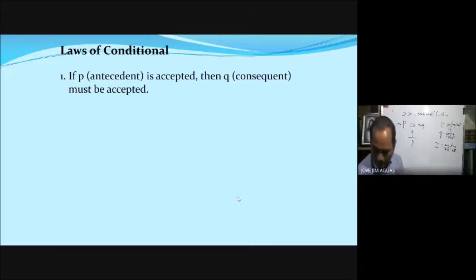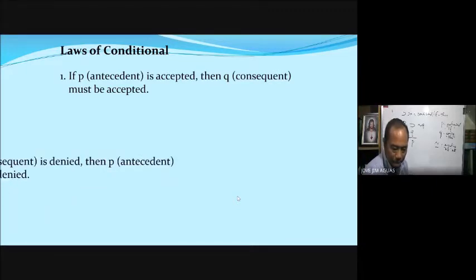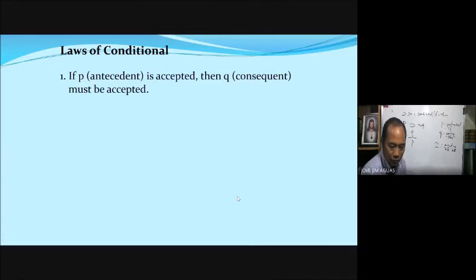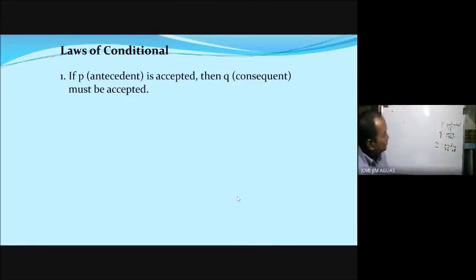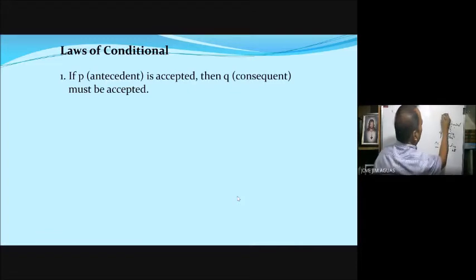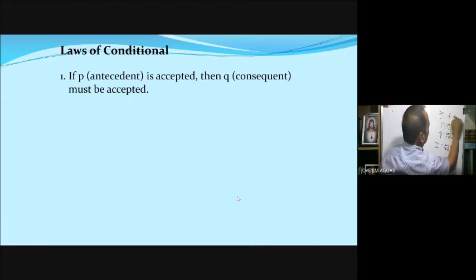Let me explain that. I will give you another example. I hope you get this. The symbols: again, I will write here this one. This means if, then.